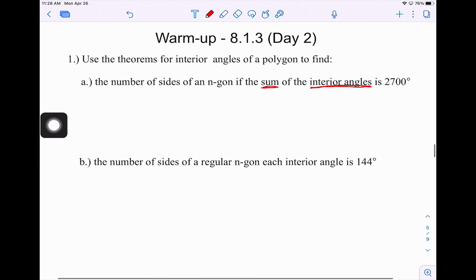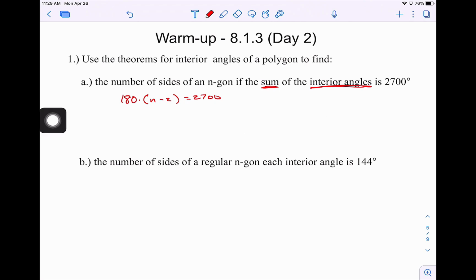So if we take a look, we've got 180 times n minus 2. And that sum is 2,700. Okay? We know that it equals a total of 2,700. And so now we just work our way through the algebra to figure out what n equals. 2 different ways you could have done this. Number 1, you could take that 180 and distribute. Okay?